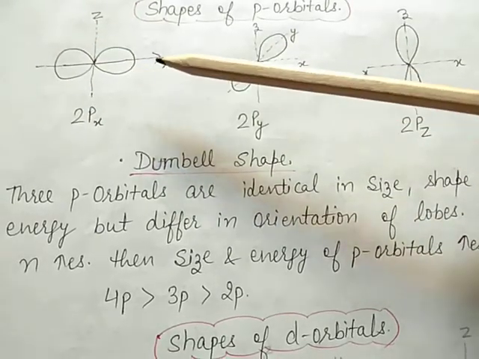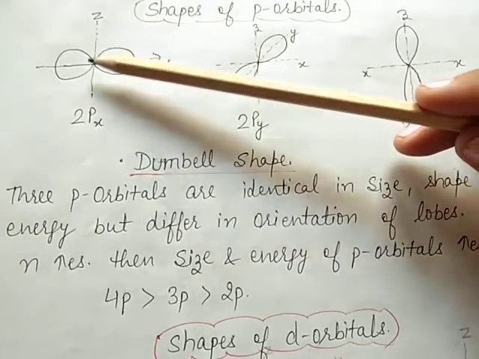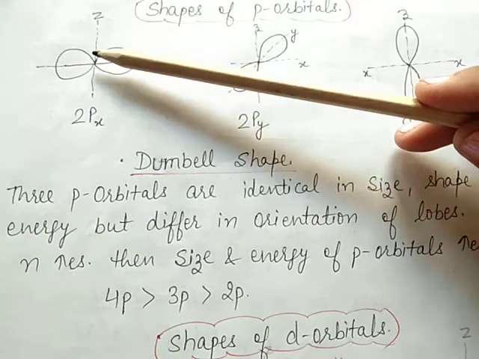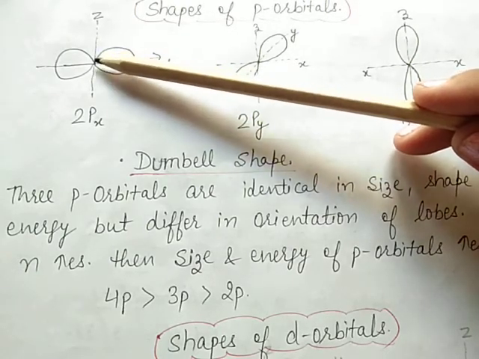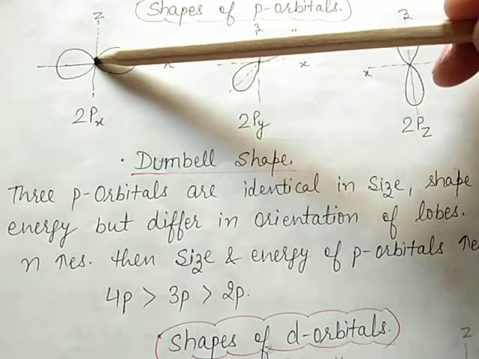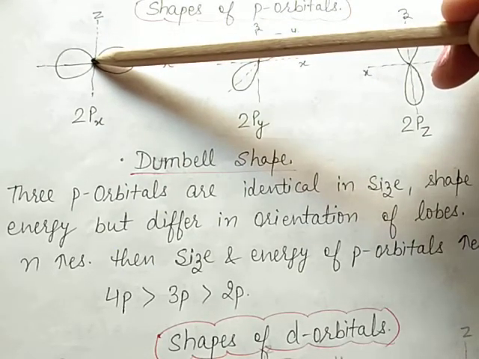These lobes lie on either side of the plane that passes through the nucleus. This is the nucleus. The probability density function is 0 at the place where the two lobes touch each other.